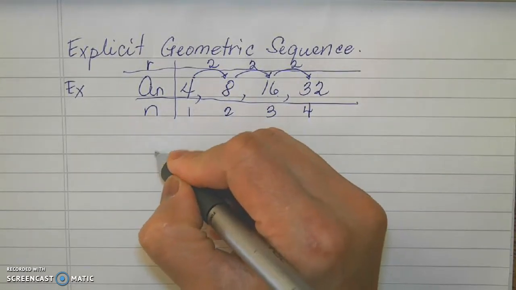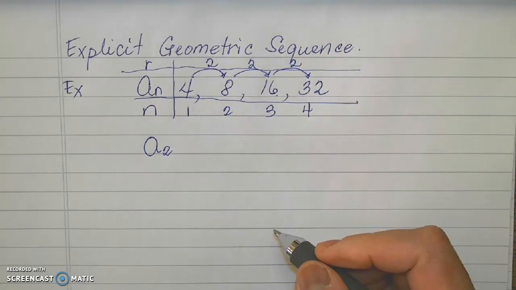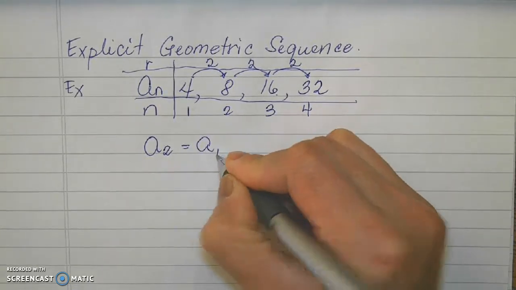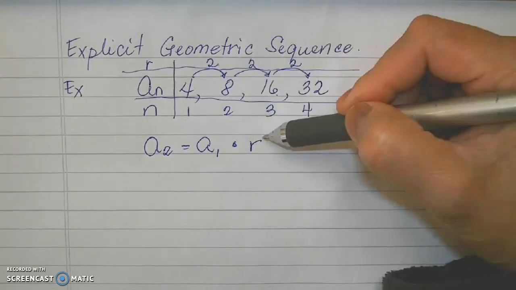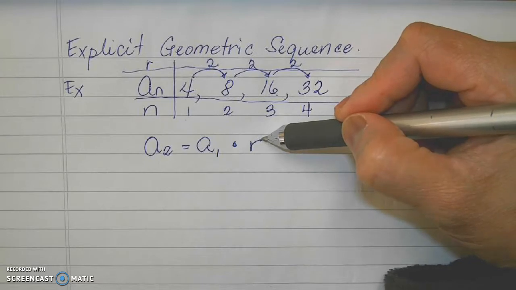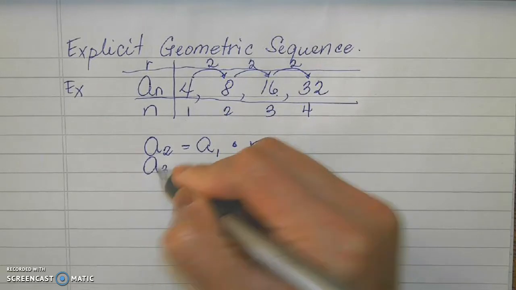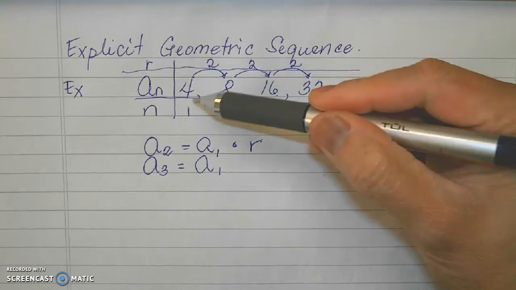For us to go to a2, let's examine this first before we generate the formula. Before you go to a2, what you need is the a1, and you're going to multiply it by your r, which in this case is 2. But I'm just going to use r because we're trying to generate our equation, okay? So now, when you go to a3, you need, again, a sub 1, which is your first term.